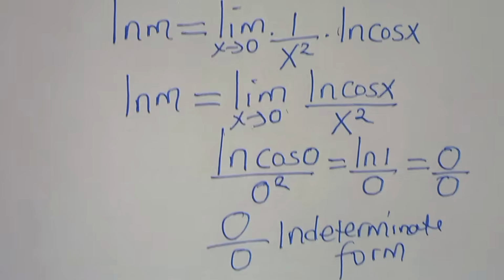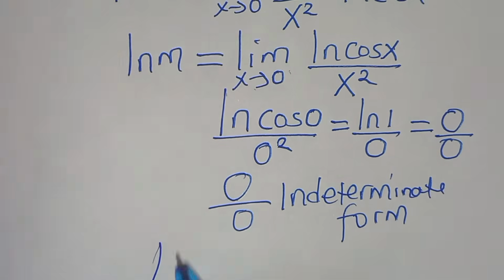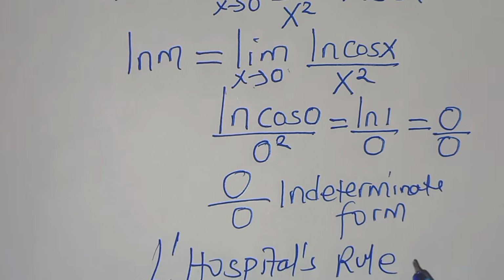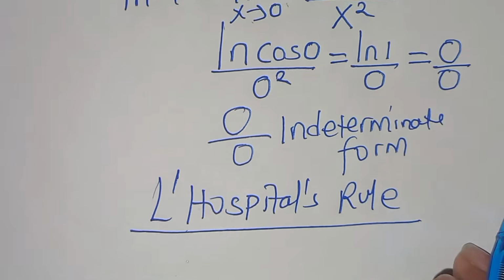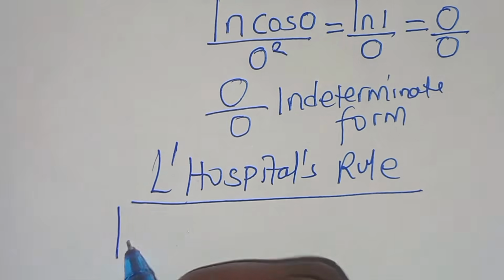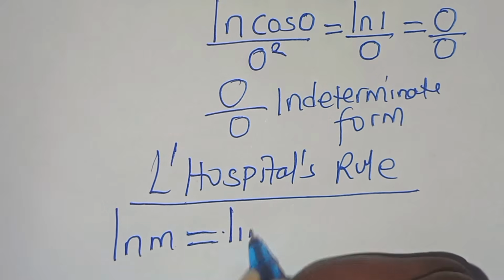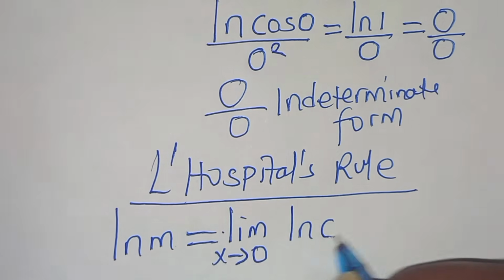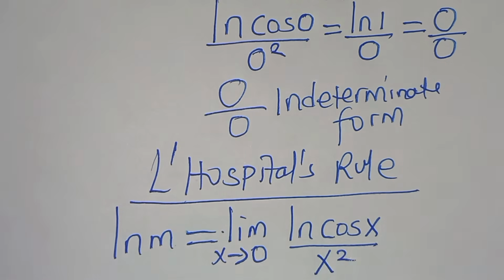Now, whenever we have a limit of indeterminate form, we apply L'Hopital's rule. Let's apply L'Hopital's rule, such that we take the derivatives of the functions separately. So we have ln of m equal to the limit as x tends to 0 of ln of cos x divided by x squared.